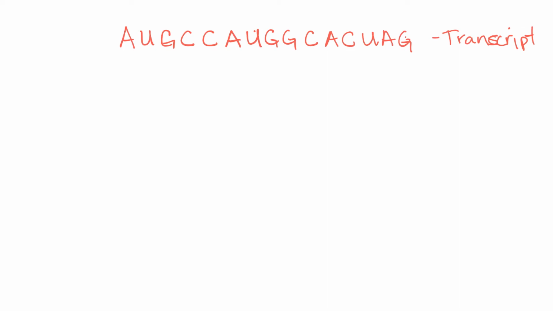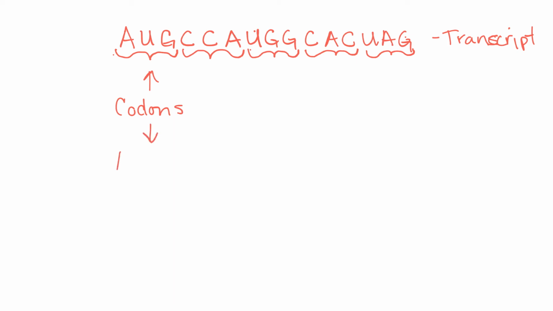Now the ribosome is going to come along and read this code in a series of three letters at a time. Each of these is called a codon, and these codons code for amino acids.